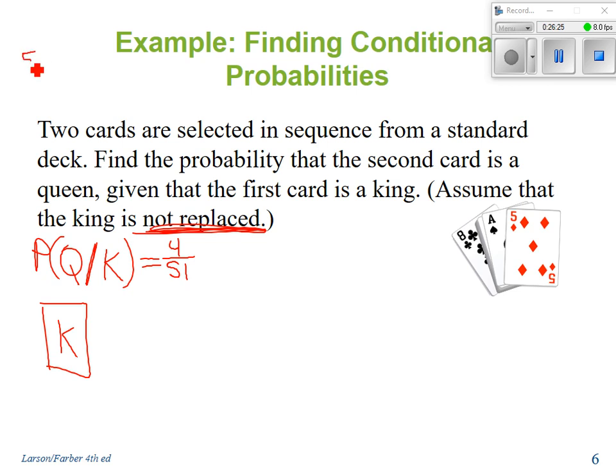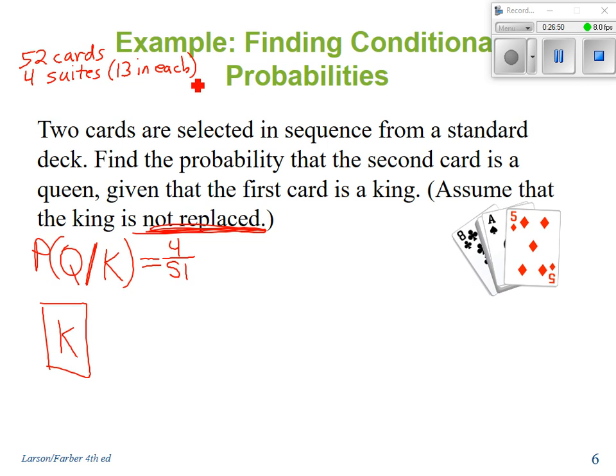First of all, there's 52 cards in a deck. How many suits? 4. How many cards in each suit? 13. So there's 13 cards in each suit.